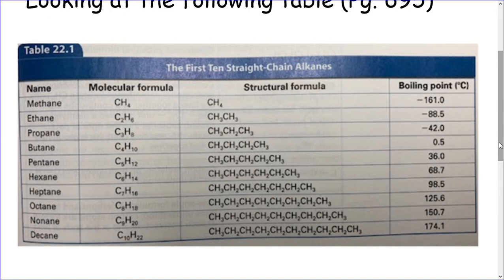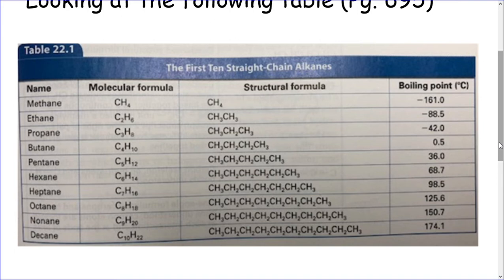The boiling points for them: what you can start to see is that the boiling point for methane is quite low because methane's a gas. As we start to increase in complexity and increase in carbon compounds, you can see that the boiling point to turn it into a gas starts to become a little bit higher.